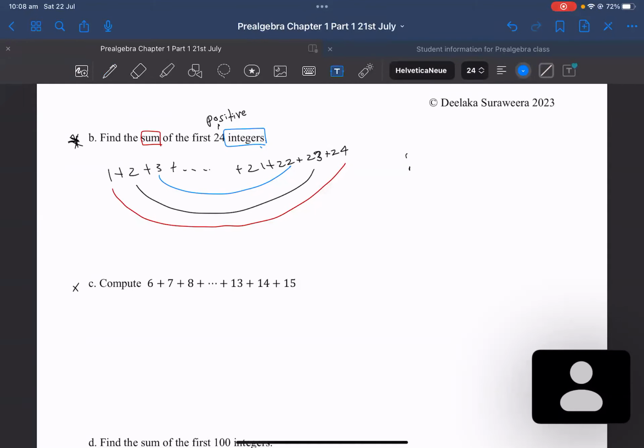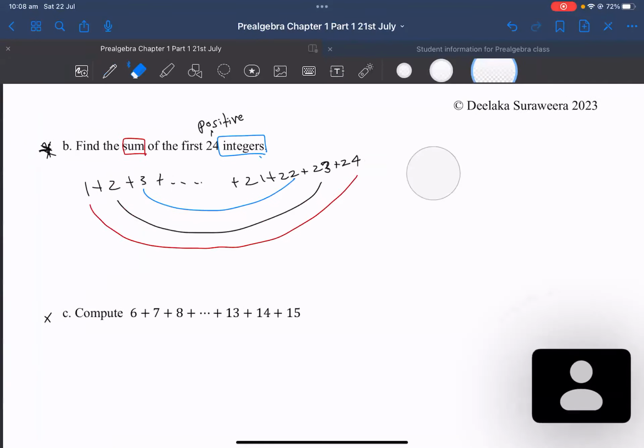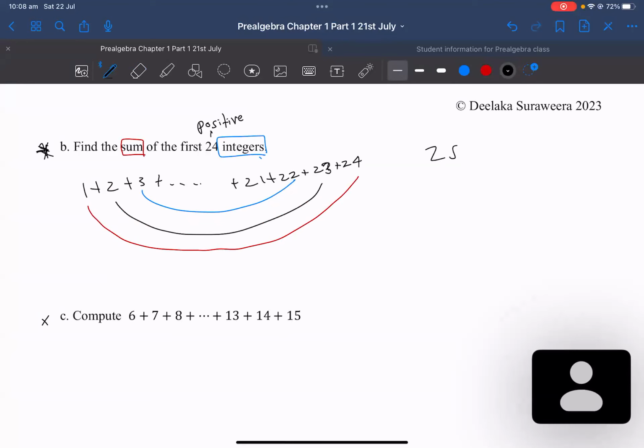So I did 1 plus 24. 25, yep. And what did you do after that? And then I multiplied it by how many numbers there are. Oh, how many numbers? 24. Okay. And then what did you do after that? 600. Yep. And then I divide it by 2.